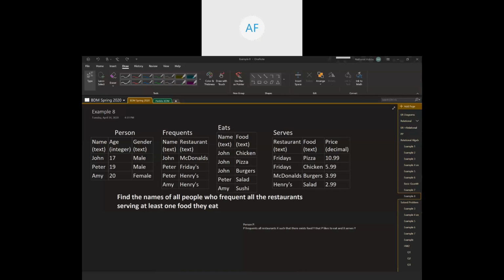So at least one means that there exists. That's what that corresponds to. So there exists a food that they like to eat, and the restaurant also serves it. Okay. Let's see.